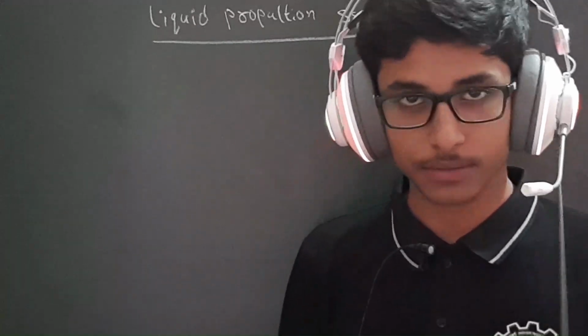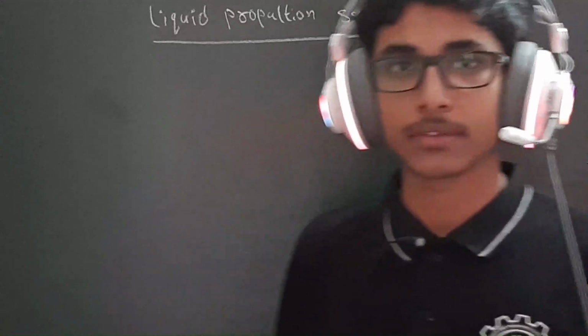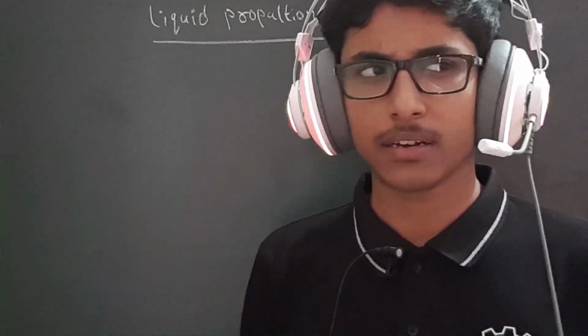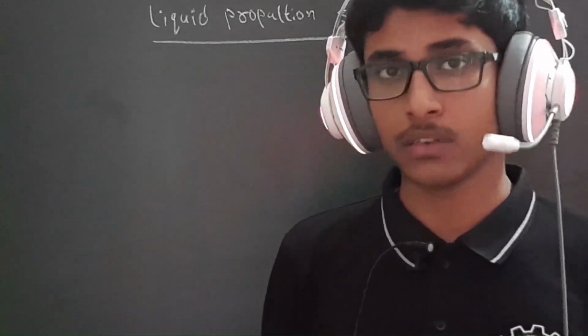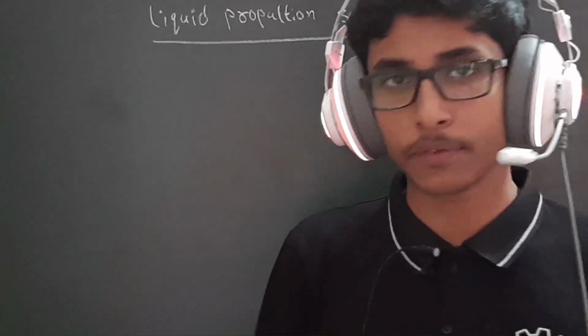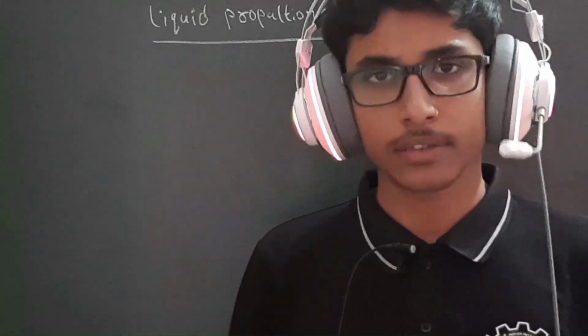Liquid propulsion system. As it has the name liquid, a question arises: is the rocket going to use the normal diesel or petroleum that we use in our daily life, on-road vehicles? Because petroleum and diesel are in the form of liquid, and that's what we know about fuel, the liquid fuel, right?